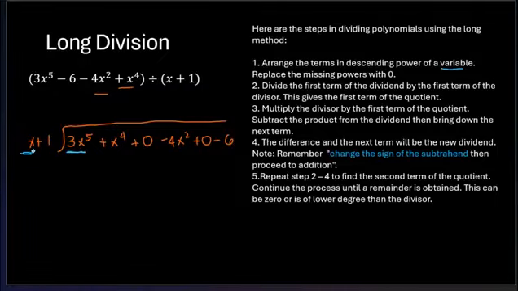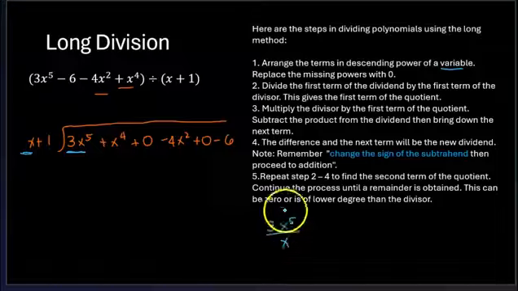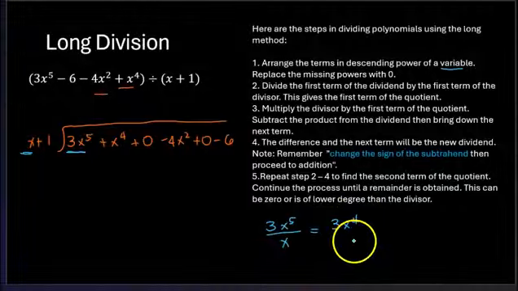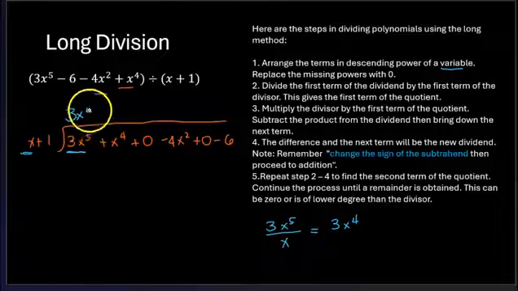Some people will explain, what will you multiply to get 3x raised to 5? Another way is to simply divide this. On the scratch paper, you do this. And what will be the answer? That can be simplified to 3x raised to 4. So that would be the first term of your quotient.